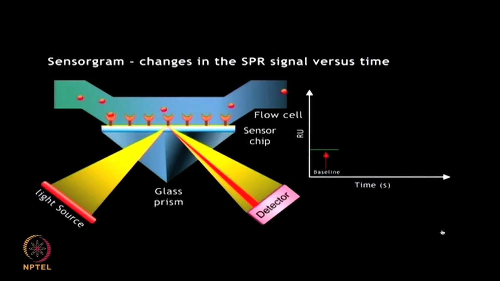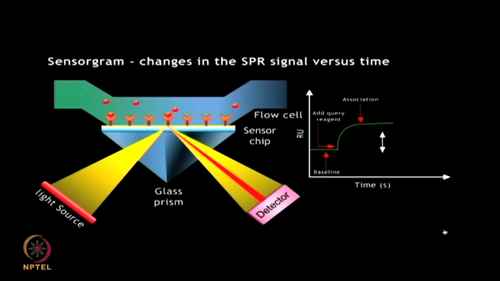When query molecule is added in the flow cell, the interacting antigen binds to the antibody and association can be seen in the SPR sensorgram. Now, the graph is showing association or on rate, Ka.